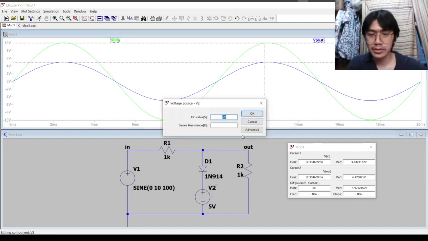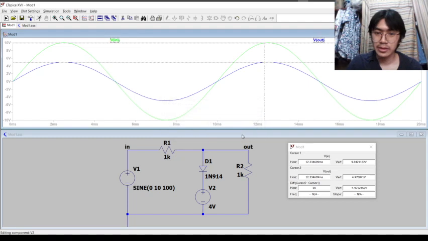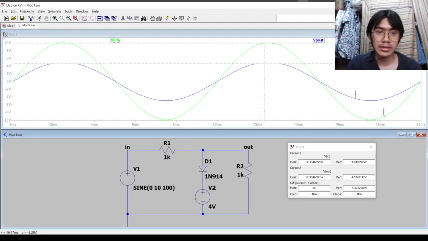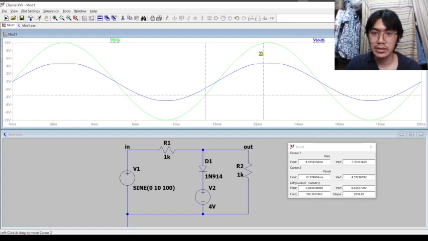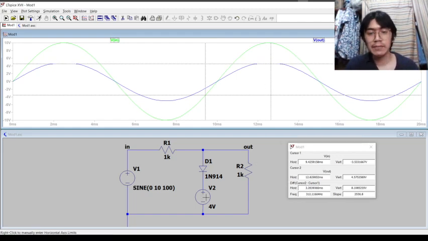So let's try 4 volts. Let's click run. And as you can see, there is a small clipping happening right here. There's still clipping happening because the additional clipping value that we added is not equal to or greater than the voltage created by the circuit if the circuit doesn't have a diode.